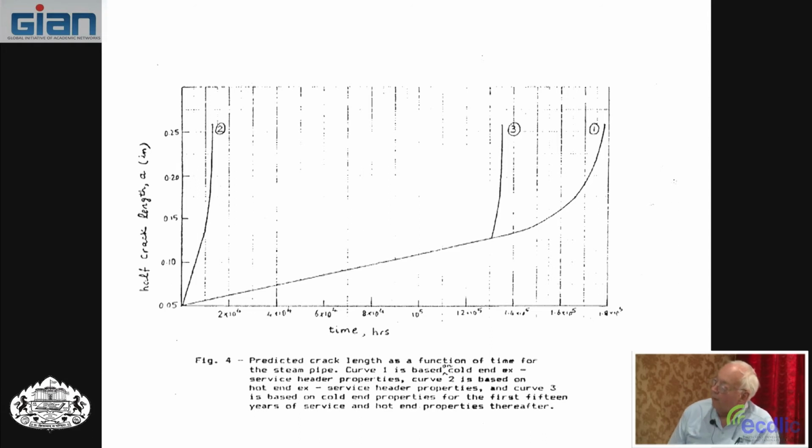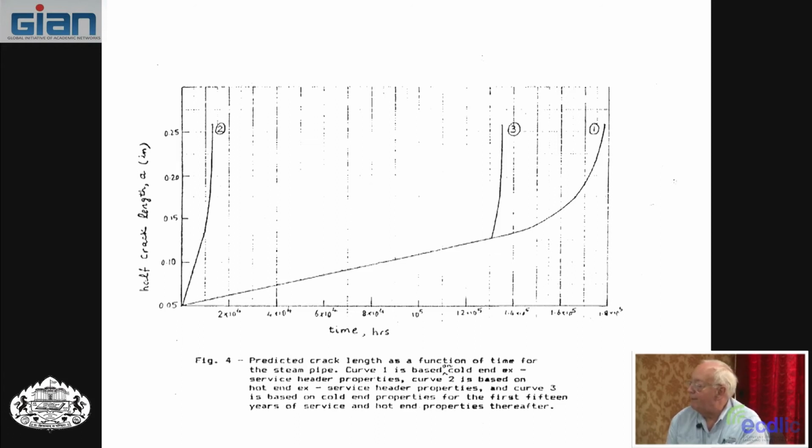Now this is not life exactly, but crack length versus time, and when the crack length gets real high, then they say end of life. At the high temperature, there was no real failure criteria, no K1C, no J1C for this material. So they just did the analysis until the rate started to go really fast, and they said that's end of life. So you can see here time in hours.